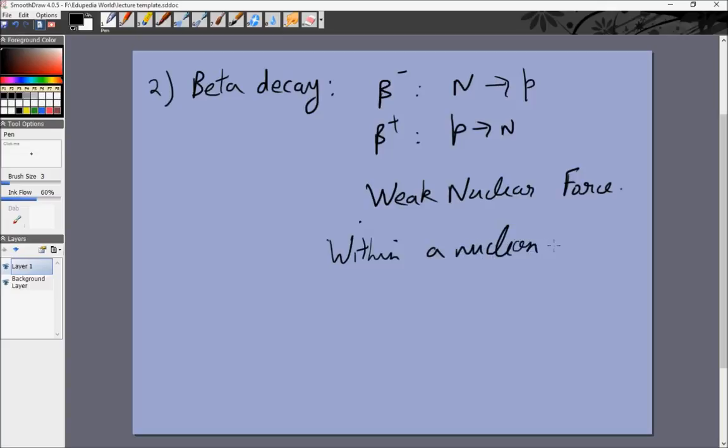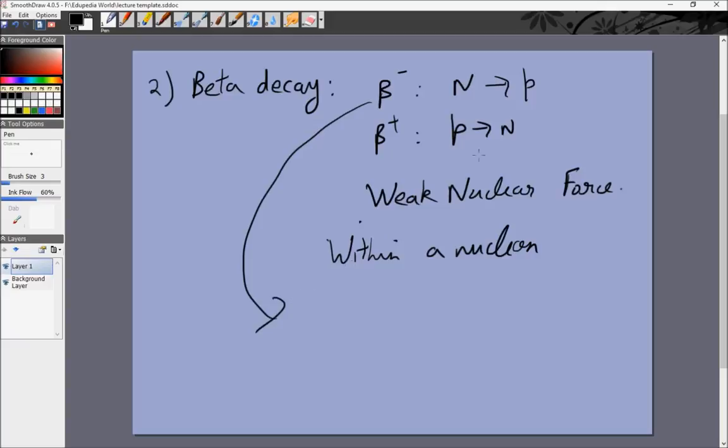That means the nuclear range of the weak nuclear force is actually of the order of a radius of a proton or neutron, as opposed to the strong nuclear force, which has a nuclear range of the order of the radius of the nucleus. So because it only acts within a nucleon, you only see its effects when one nucleon converts to another nucleon. Right. So first let's look at beta minus decay, in which a neutron converts to a proton.